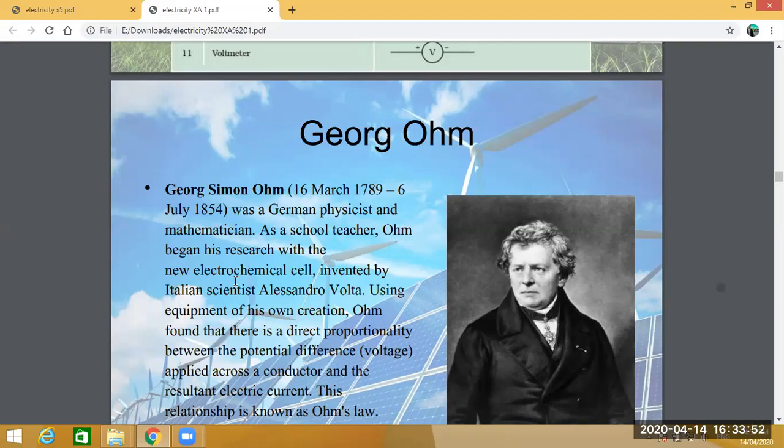Using it, Ohm found, when he allowed electric current to pass through a conductor, that there is a direct proportionality between the potential difference, or voltage, applied across the conductor and the resultant electric current passing through it. So basically, Ohm concluded that there is a relation between electric current and potential difference across the conductor.